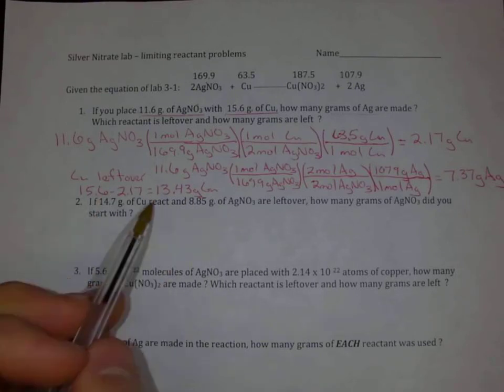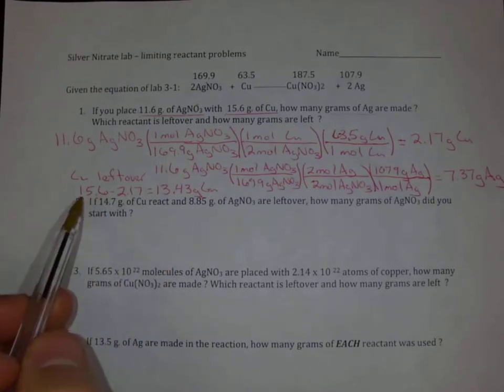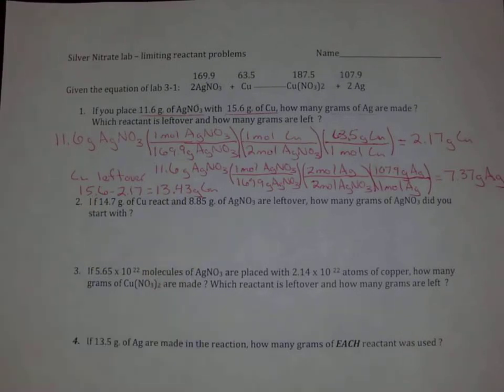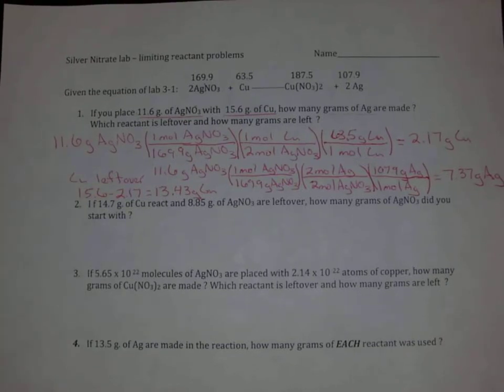And then our calculation here is saying, of my 15.6 grams of copper that we put in, 13.43 grams of copper are going to be left over. So all of these calculations have a meaning. So during class today while we are filtering, we can work through these problems with our partners, okay?